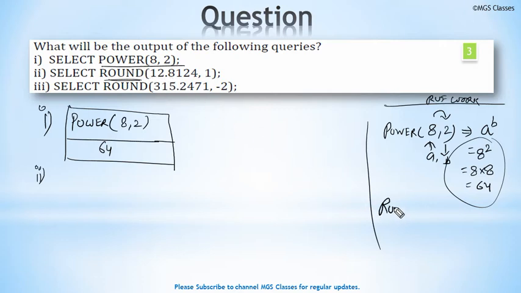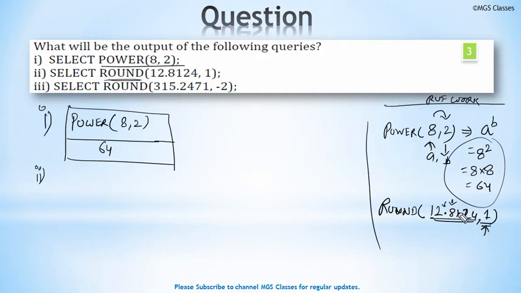So round, and then the arguments are passed, 12.8124,1. So this is the number, and you need to write the rounded number up to 1 decimal point. Meaning after this decimal point, only one number will come.